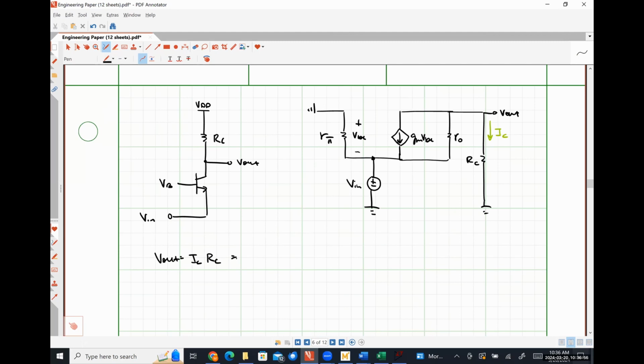Applying Kirchhoff's current law, it's going to be the current flowing up through that dependent source, and the current flowing up through the resistor R0, right? So that would look like negative GM VBE times RC plus VN minus V out divided by R naught times RC.